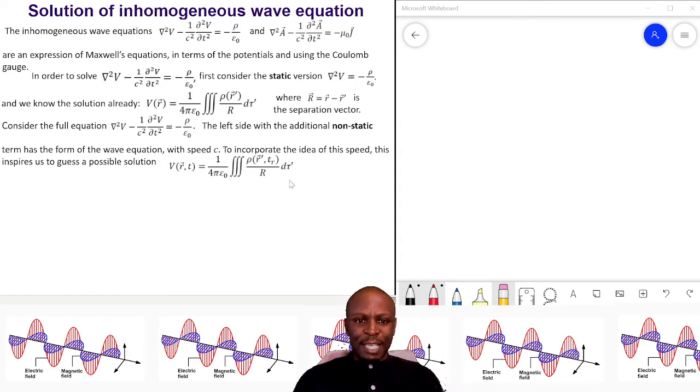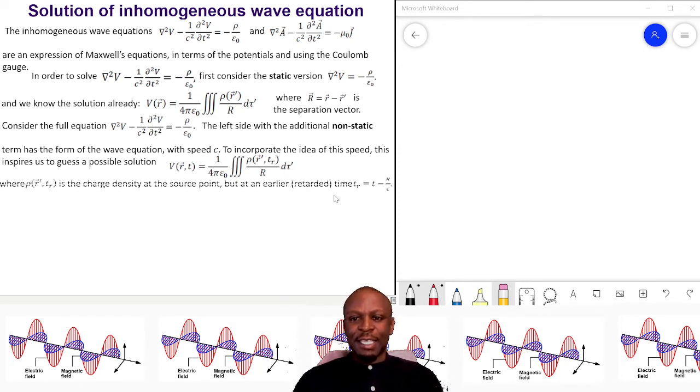This inspires us to guess a possible solution for the potential for the non-static case, and that potential is just given by this equation. There you just put the time factor, and here you also put the time.